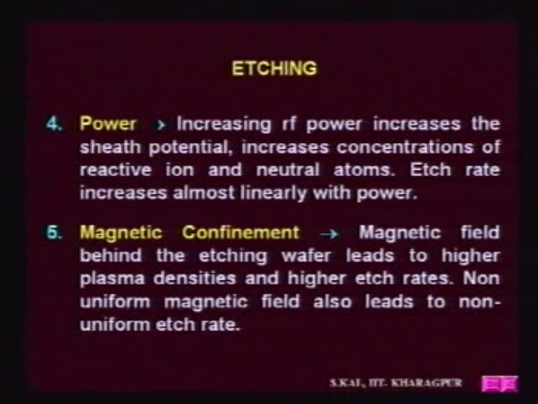Fifth point is magnetic confinement. In some plasma chambers, a magnetic field is used to confine the plasma. Because plasma contains charged particles, ions and electrons, and neutral particles also.